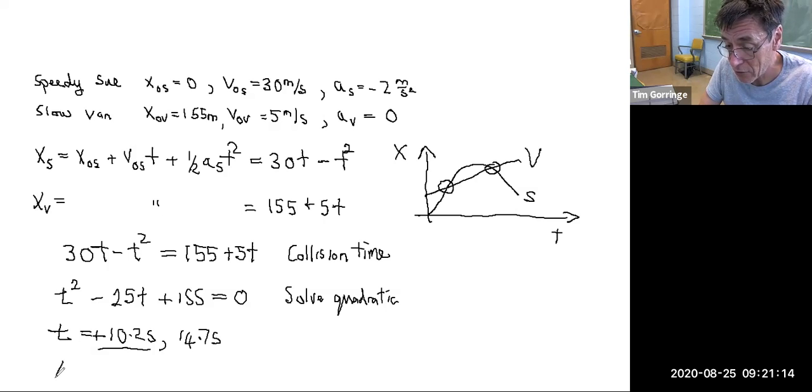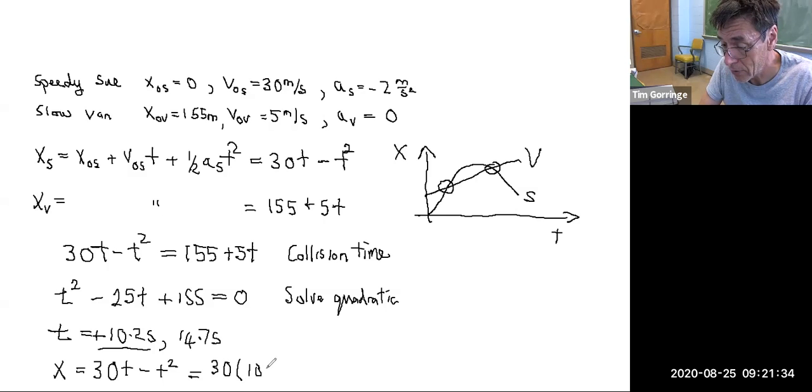And the position of Speedy Sue at that time is 30t minus t squared. And so all we've got to do now is fill in the particular time, 30 times 10.2 minus 10.2 squared.